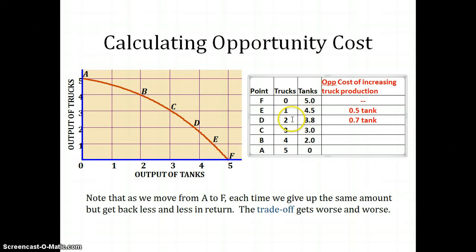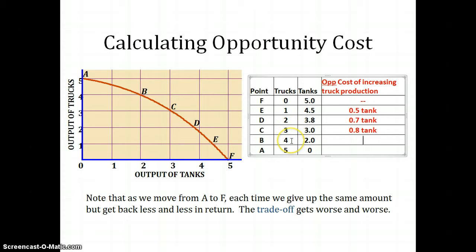Then when we go from 2 trucks to 3 trucks, our tank production goes from 3.8 to 3.0. So by adding that third truck, our opportunity cost is 8/10 of a tank.